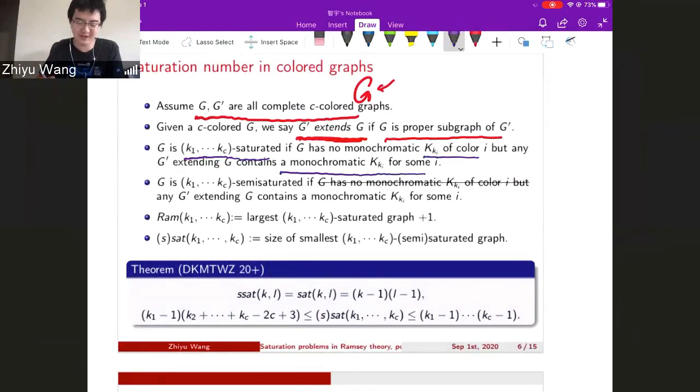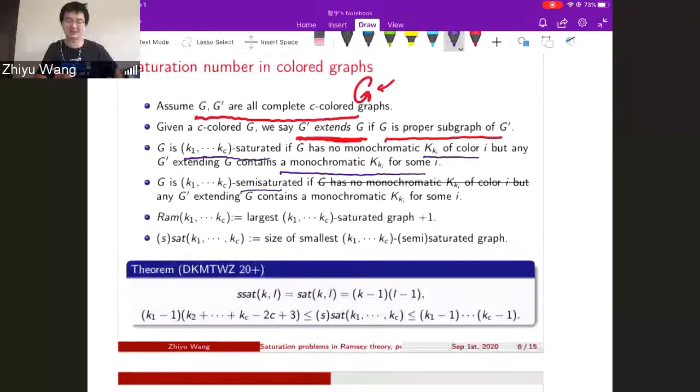Similarly, we can define semi-saturated by removing the restriction that G doesn't have a monochromatic K_{k_i} of color i.